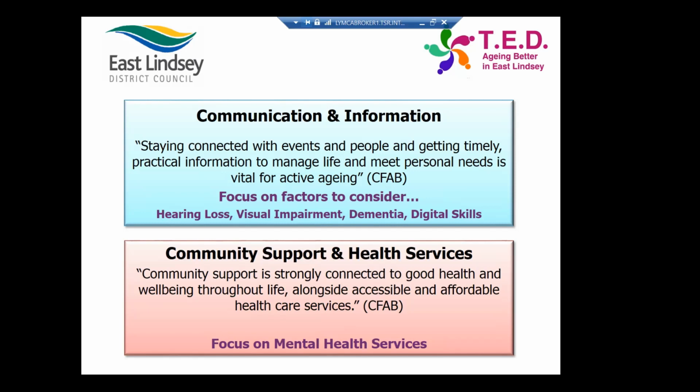So people in their 80s and 90s will probably have some level of loss in both of those senses, and that has an impact on the way they experience the world, and how things are communicated to them and how information is gained by them. And then the last domain, which is huge, community support and health services, and actually is probably the one that overlaps with absolutely all the other domains, people's health.